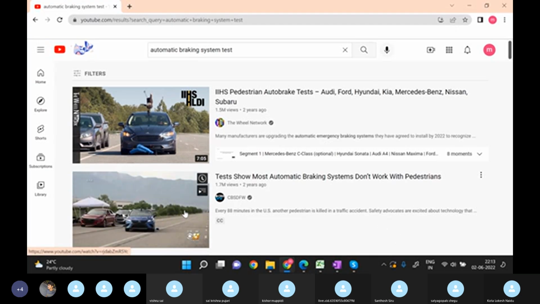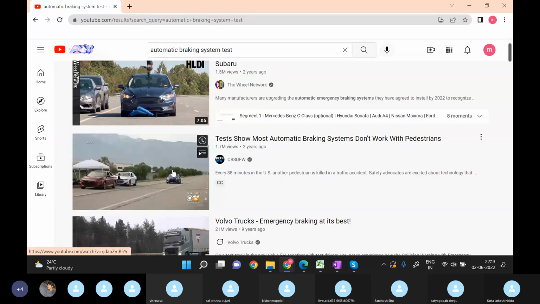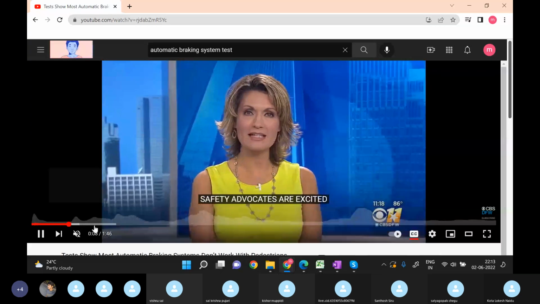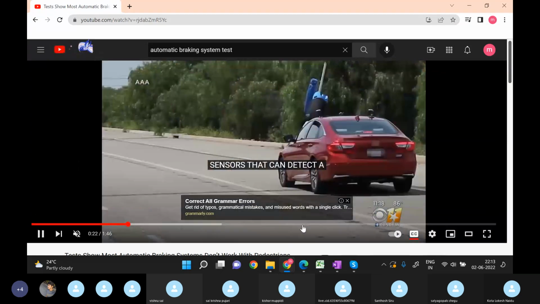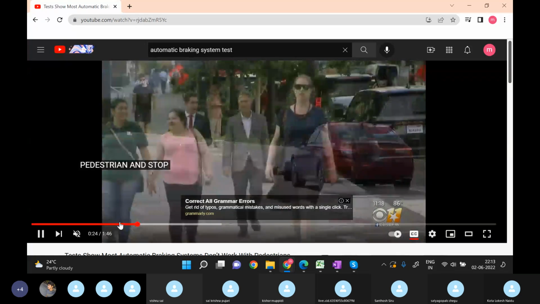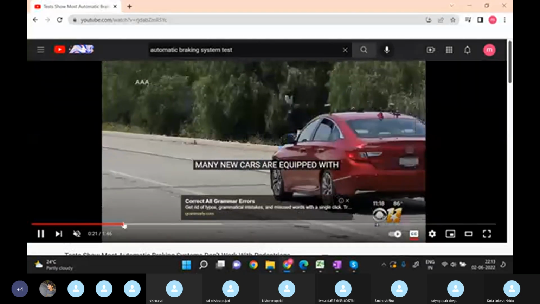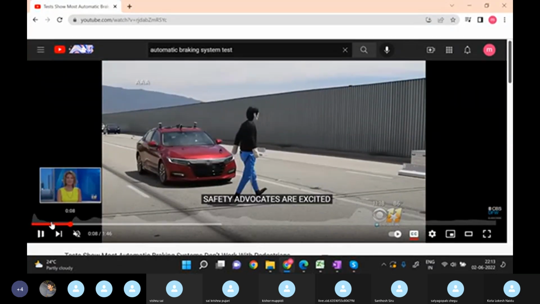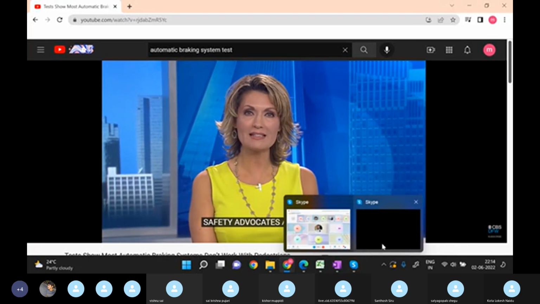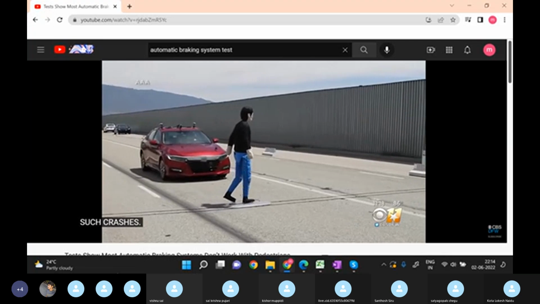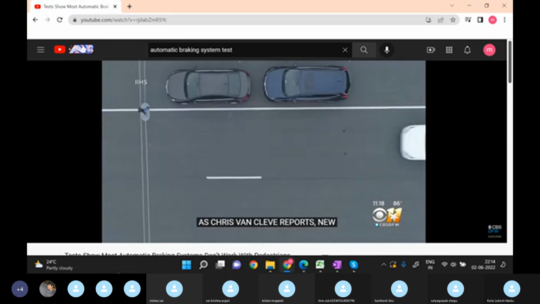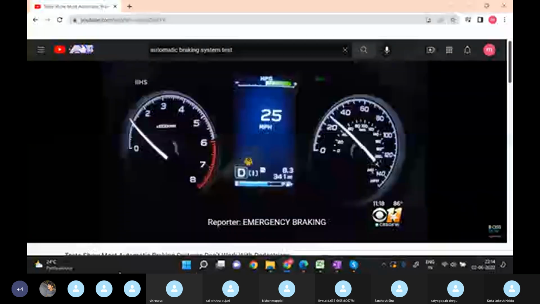See, in this case also it tried to control the vehicle, but somehow it went and hit that passenger. See here, it will be giving the warning indication. See, it has stopped.